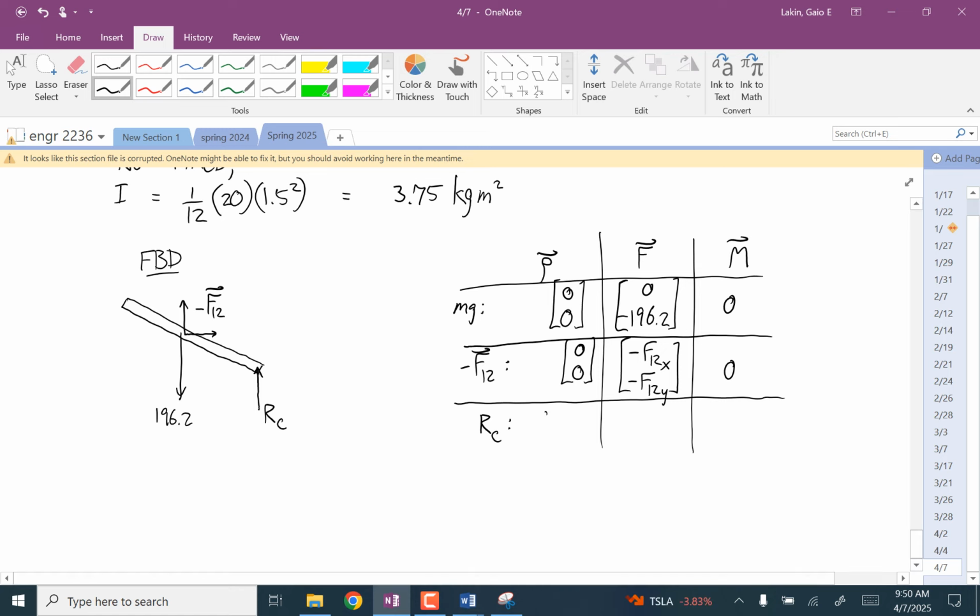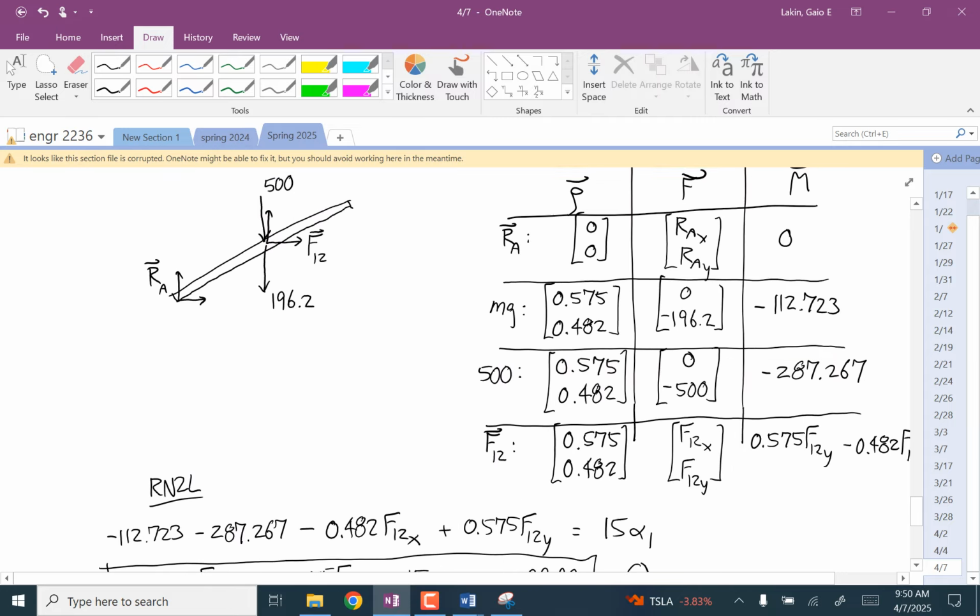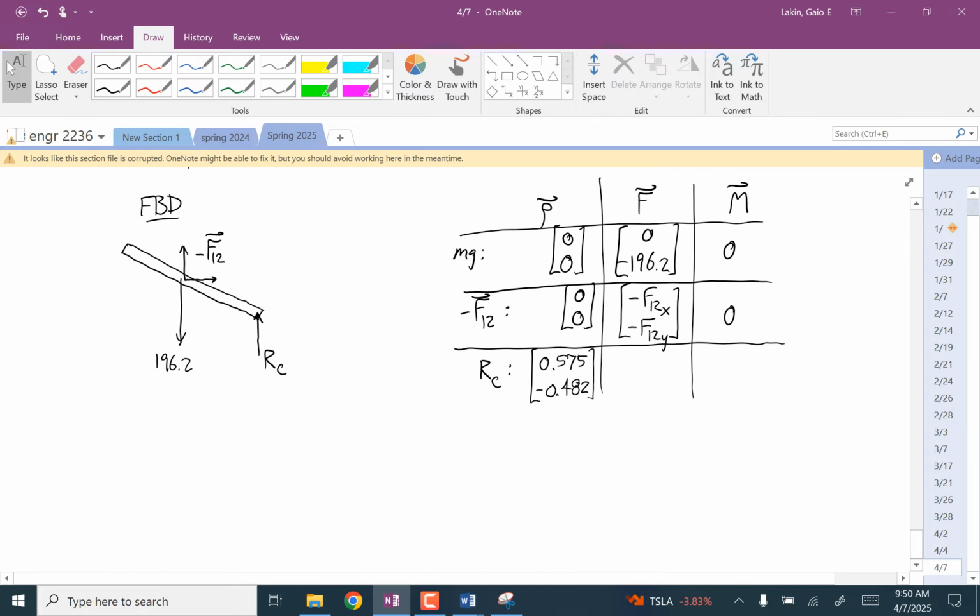So 0.575, negative 0.482. And the force vector is 0, RC. And the cross product is 0.575 RC.